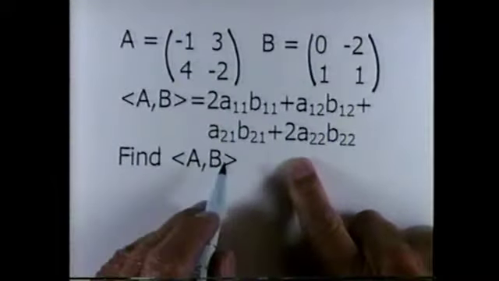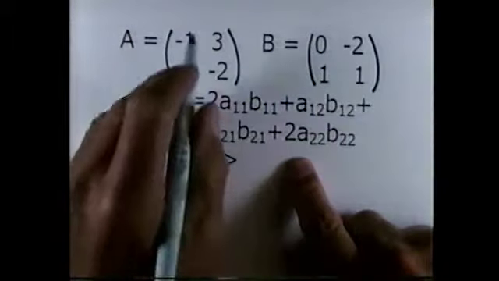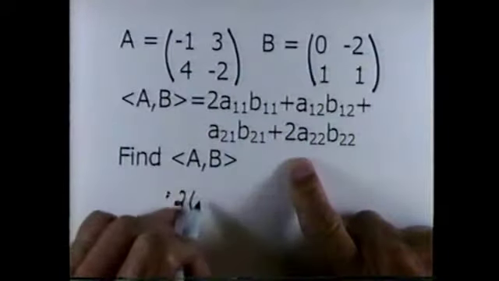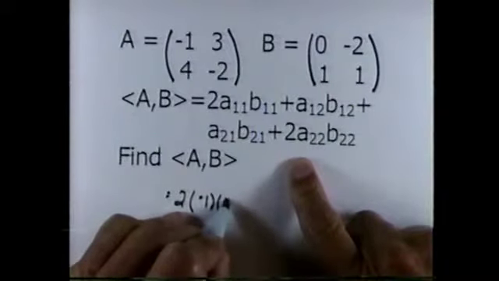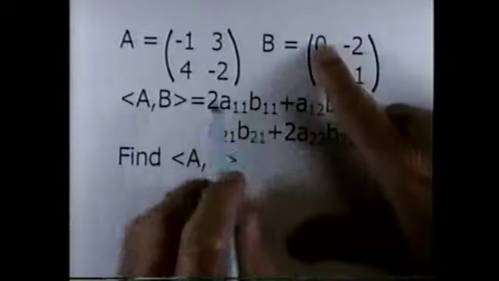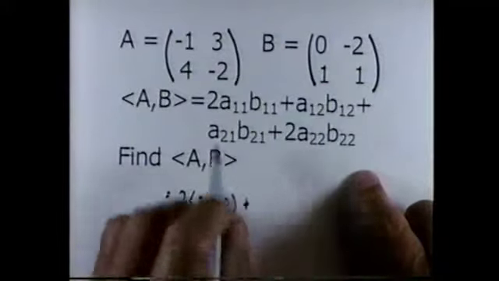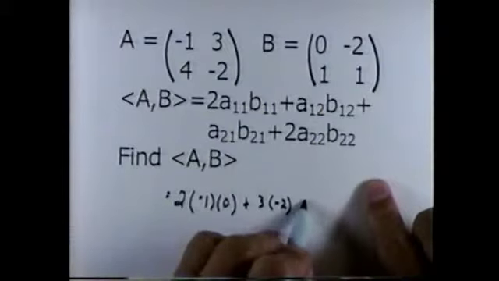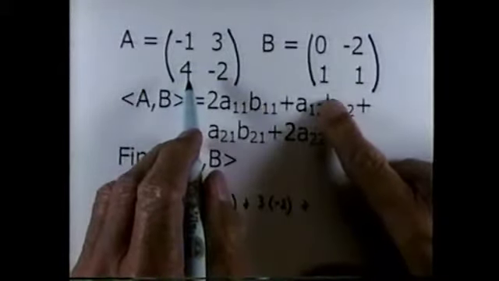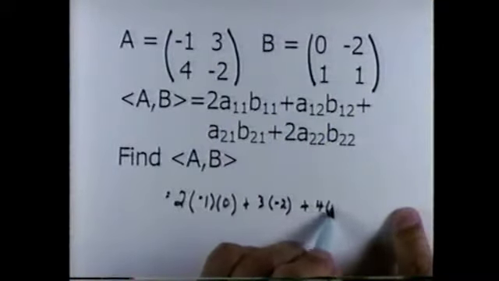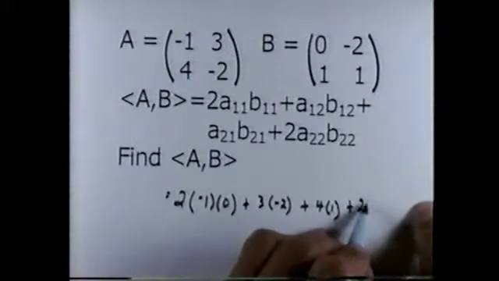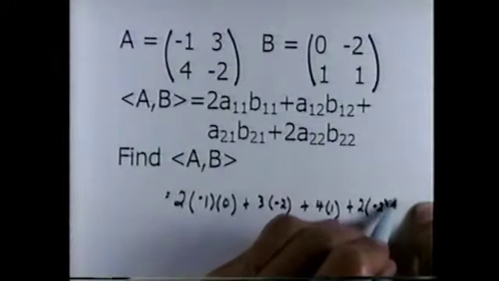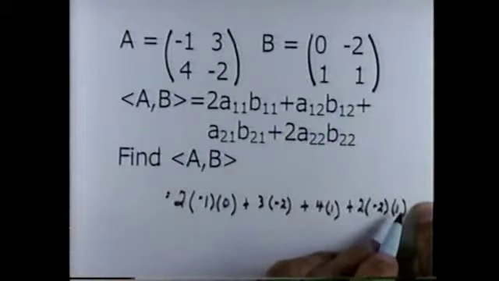Well, let's find the inner product of A and B. Using the definition, it's going to be 2 times negative 1 times 0, plus A12 B12, so 3 times negative 2, plus A21 B21, that's 4 times 1, plus 2 times A22 B22.